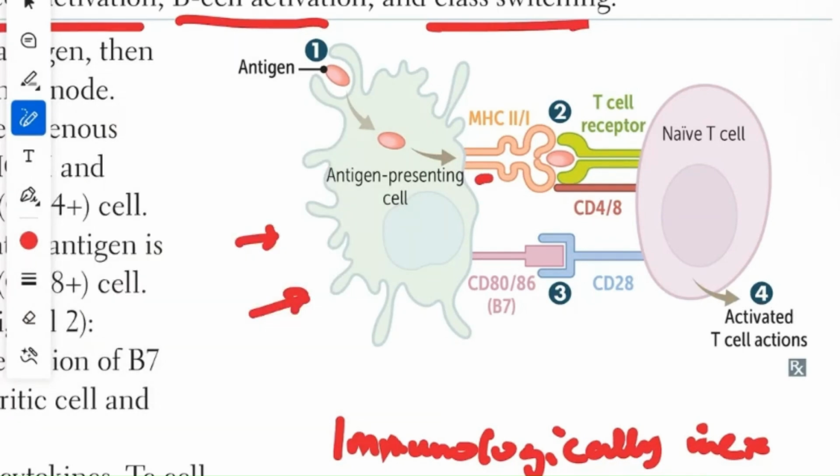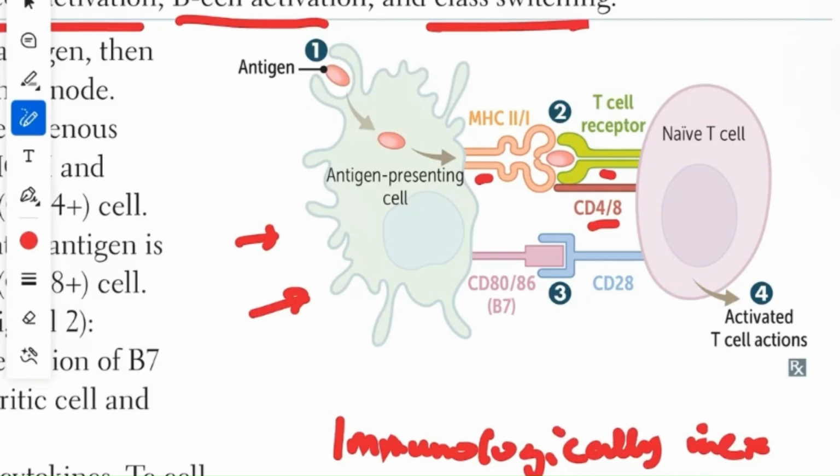This MHC2 is on the surface of the antigen presenting cell. You have the T cell receptor. Your CD4 is a co-receptor, but it's needed to stabilize the interaction between the T cell receptor and the MHC2. So that interaction is necessary.